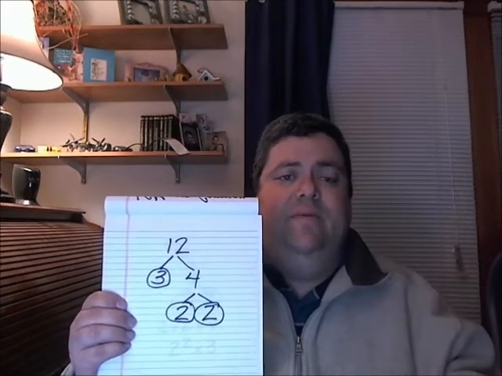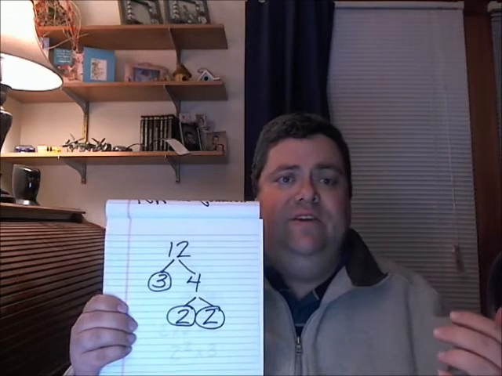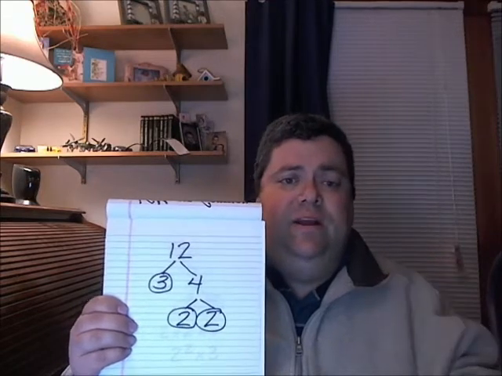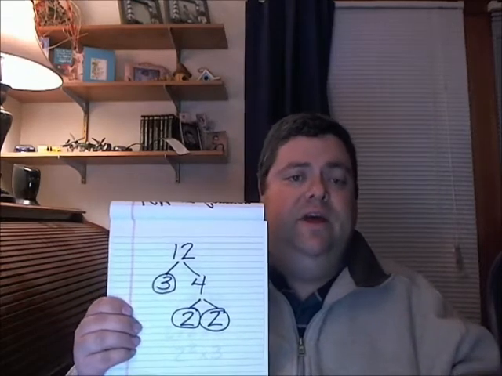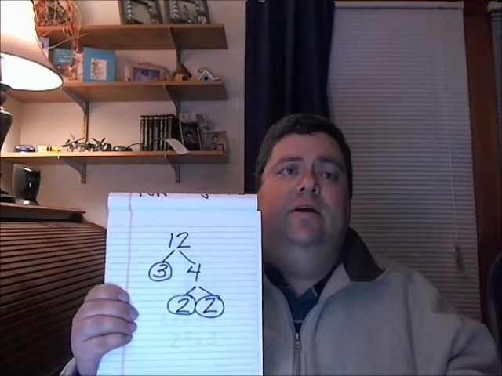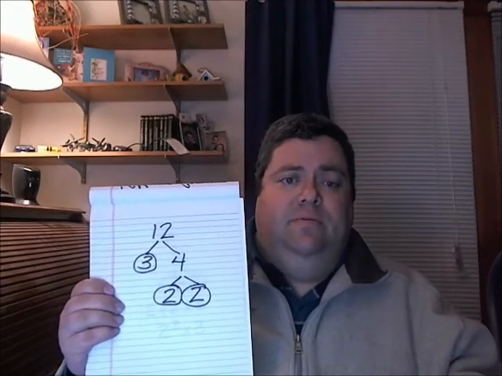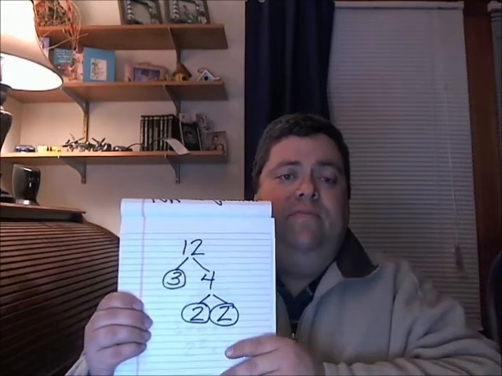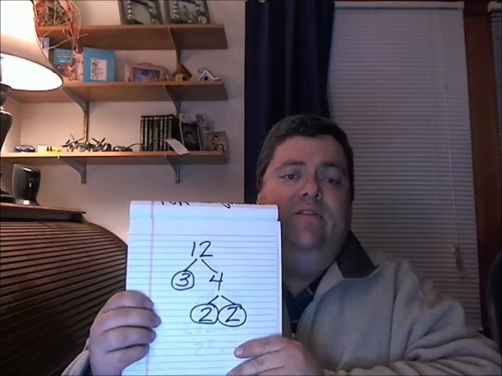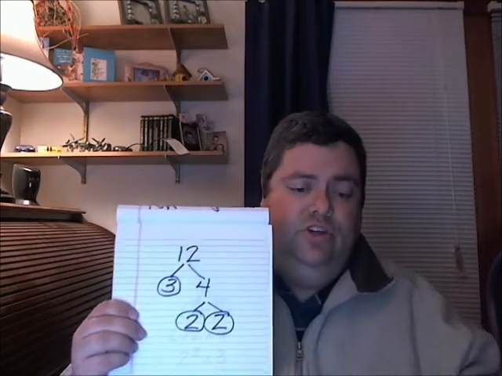The kids have to remember this as they're going through. If I hit an even number, then it's going to be a composite number and it needs to continue being divided into more factors. In this case, 4 comes from the factors of 2 times 2. So my prime factors when I get done here are 3, 2, and 2.